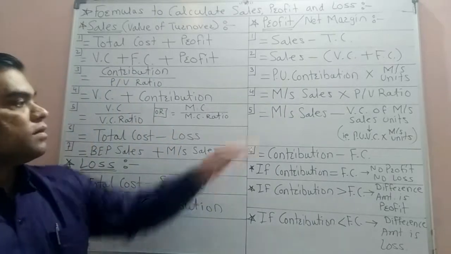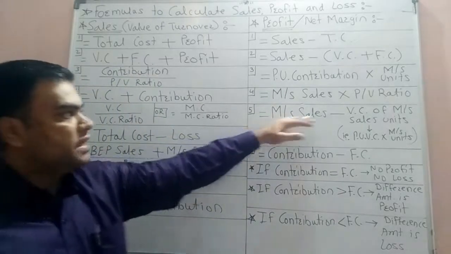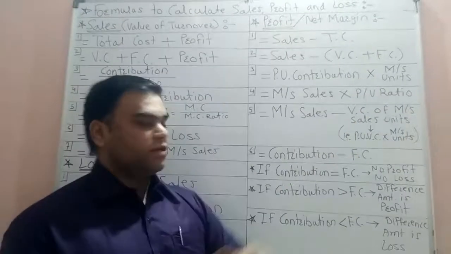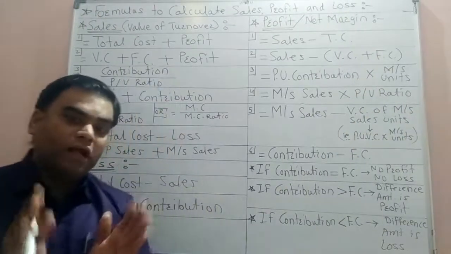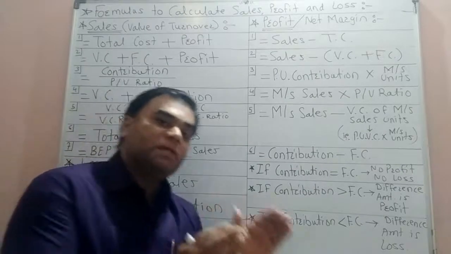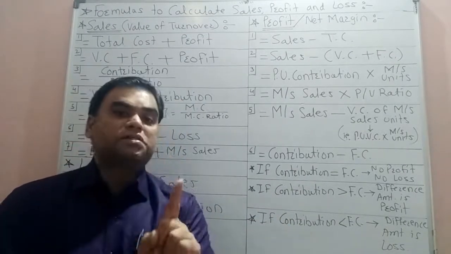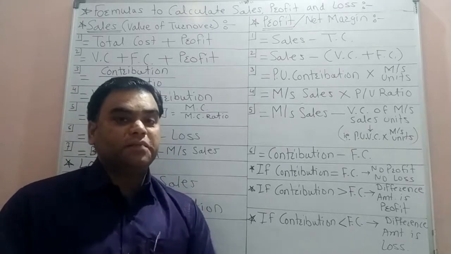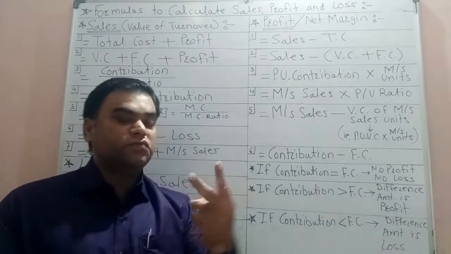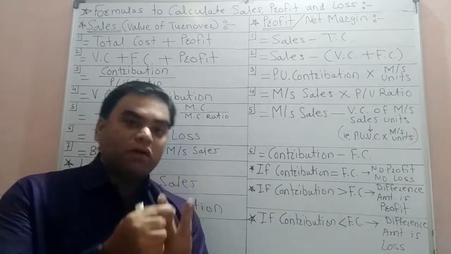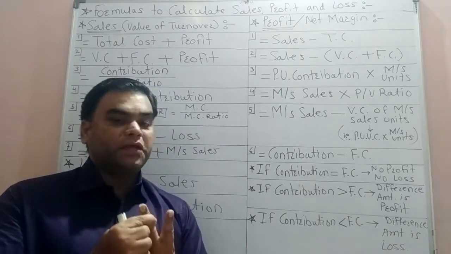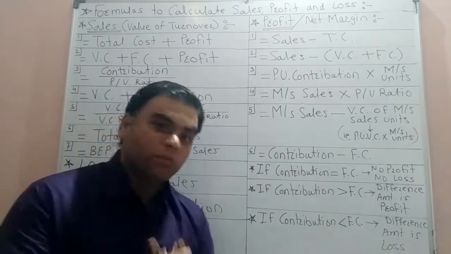Next, margin of safety sales less variable cost of margin of safety units. While discussing contents of BEP sales and contents of margin of safety sales, we had discussed that margin of safety sales has two contents. Which are these contents? Variable cost of margin of safety units, and second is profit.